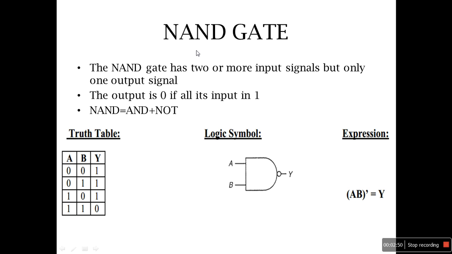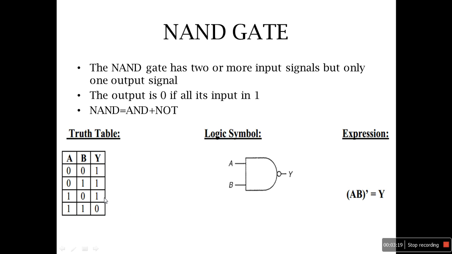The next gate we are looking at is the NAND gate. Again, the NAND gate has two or more inputs, but it will produce only one output signal. The output is 0 if all the inputs are 1. Remember this, a NAND gate is made up of two gates, AND and NOT. In an AND gate, if all the inputs were 1, then the output used to be 1.